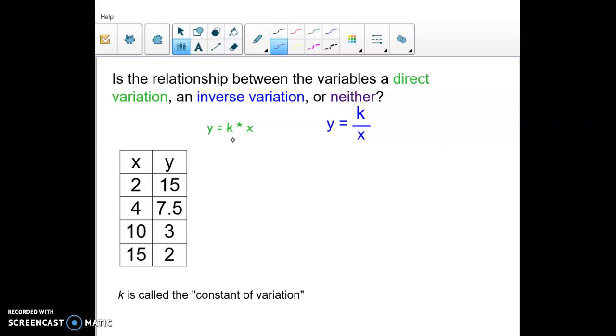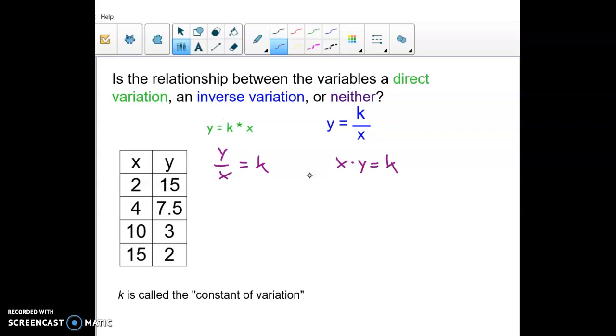If you look at the alternate forms of these equations, if it is a direct variation, y divided by x would be a constant. And if I multiplied by x, then we'd have x times y equals a constant. So if it is an inverse variation, you'll multiply them together to get a constant.